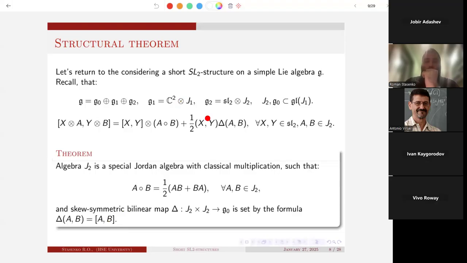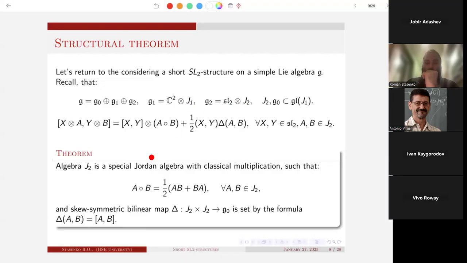So now we can see that G2 is a Jordan subalgebra in the Jordan algebra of all linear operators. So this is the first step to understanding the structure of J1 and J2. So J2 is a subalgebra in the algebra of linear operators on the space J1.